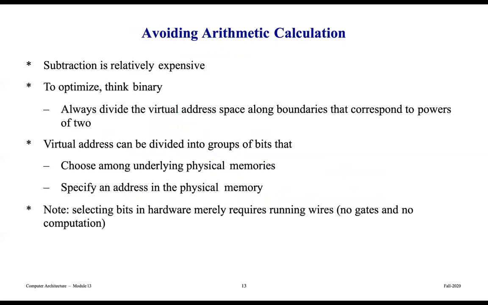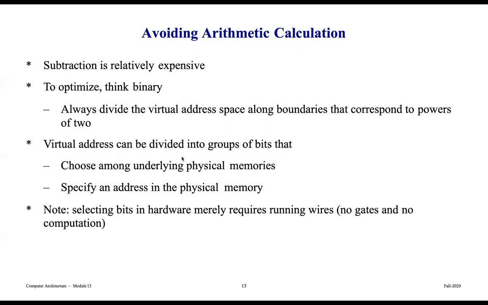So how do we go about avoiding arithmetic calculations? Subtraction is relatively expensive. To optimize, we want to be thinking in binary. We can always divide the virtual memory space along boundaries that correspond to powers of 2. And remember, we can think of this in terms of shifting.